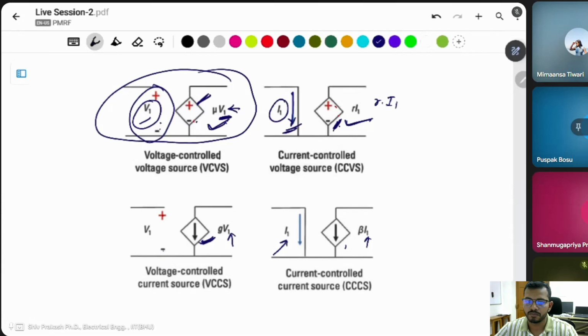It means this current source is controlled by a current only. That's why this structure is known as a current controlled current source. These are the four structures and how they are usually represented.